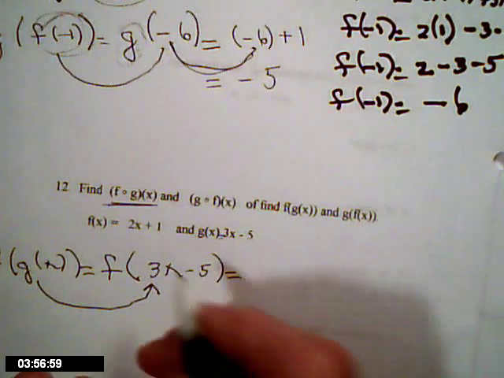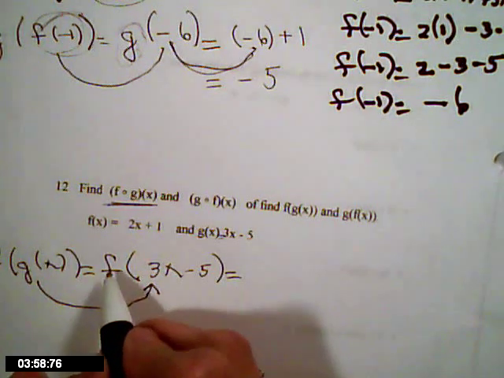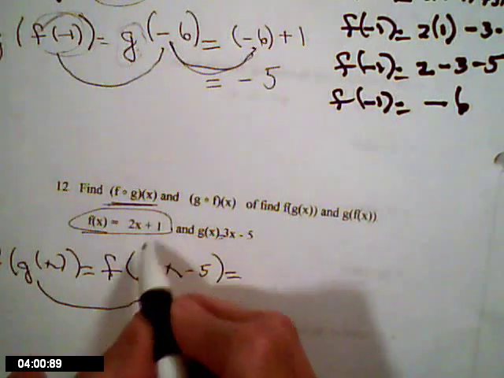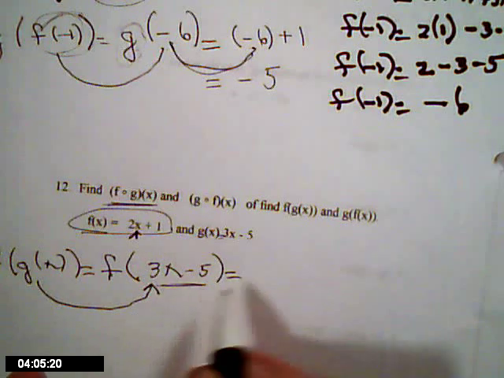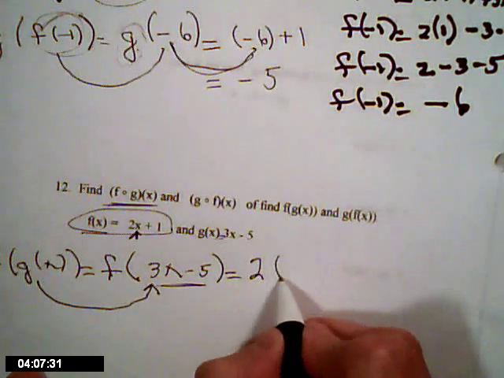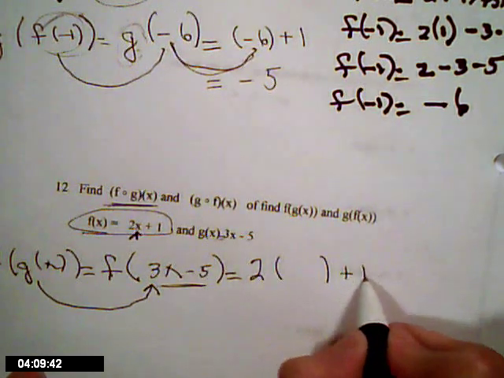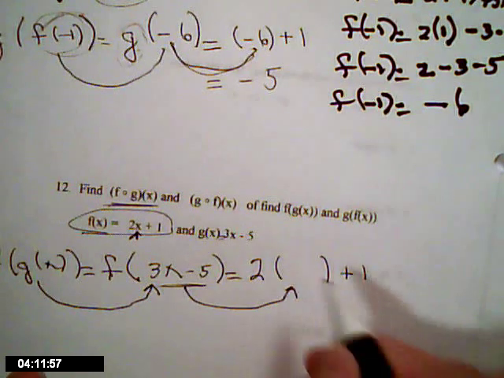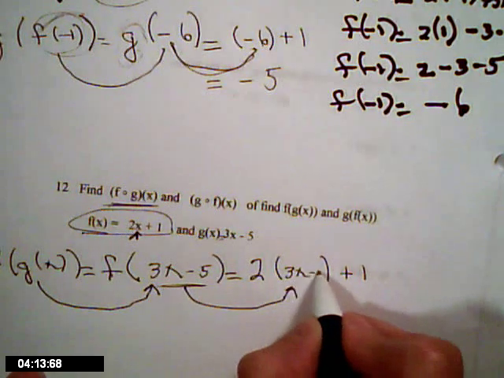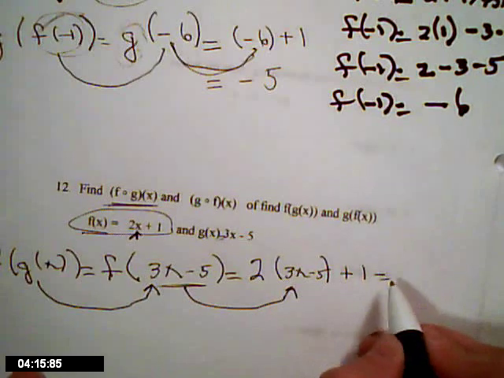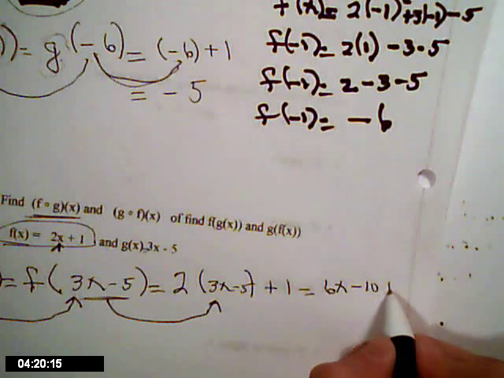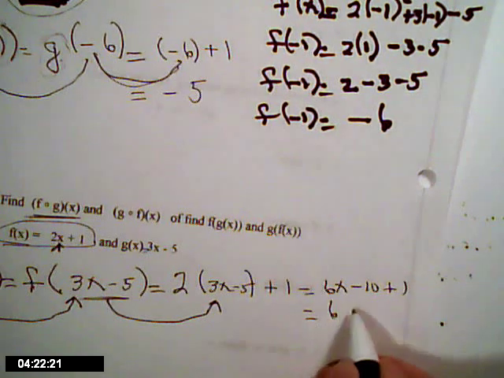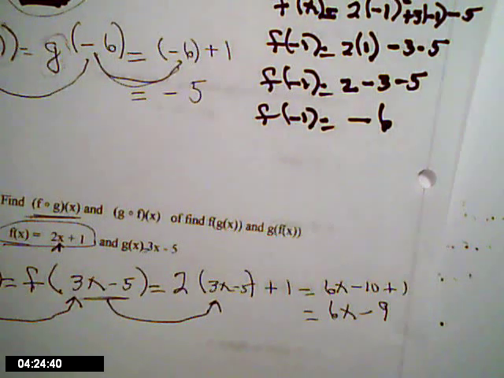This outside letter is my roadmap, so I go to this function, and every time there's an x, I replace it with this. So it says 2 times x plus 1, but this goes in place of x. Now I multiply and get 6x minus 10 plus 1, which is 6x minus 9.